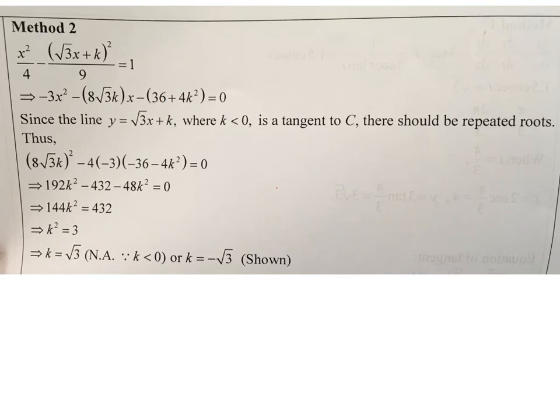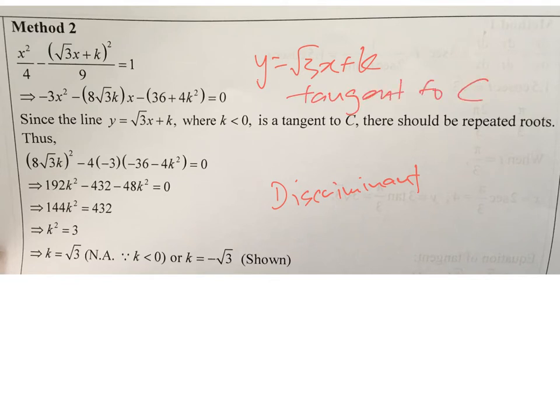Method 2 uses the idea of the discriminant to help us answer the question. In this question, we know that the equation y equals root 3 x plus k is a tangent to the curve C. So this tangent actually meets the curve C at one point for this particular graph.